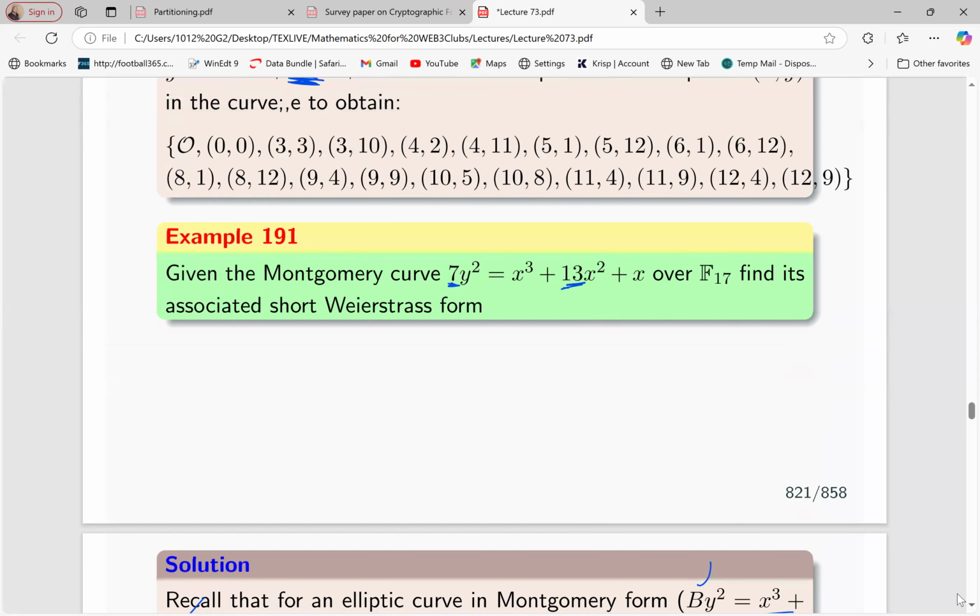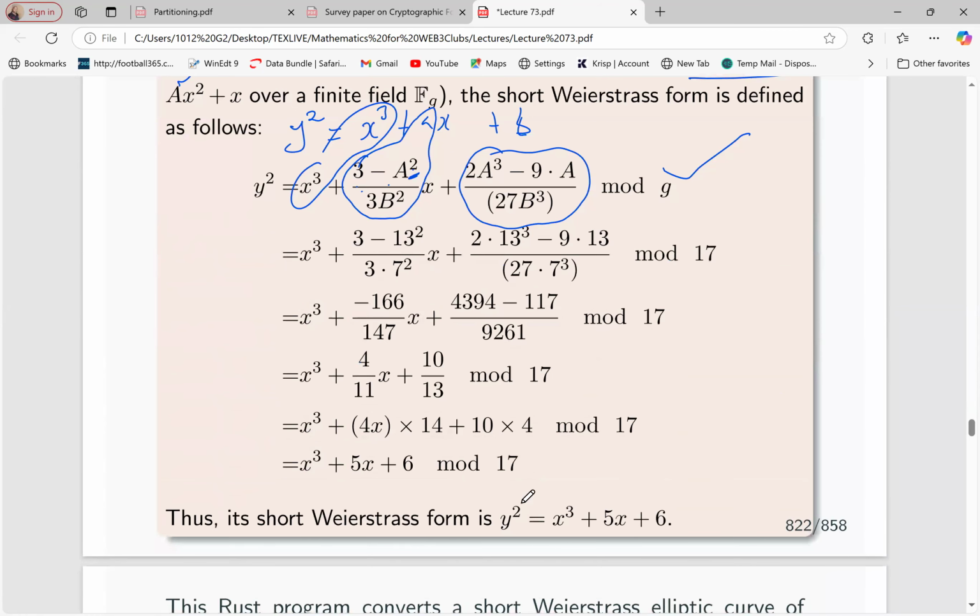Where there is A, I write 13, and where there is B, I write 7. When you do that, you arrive at this.